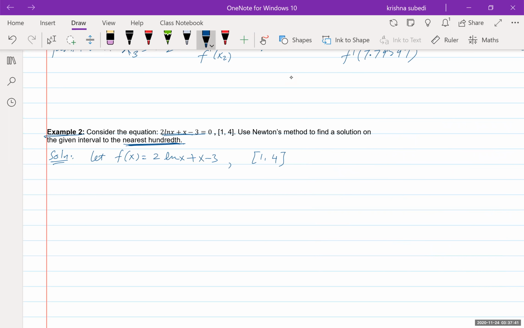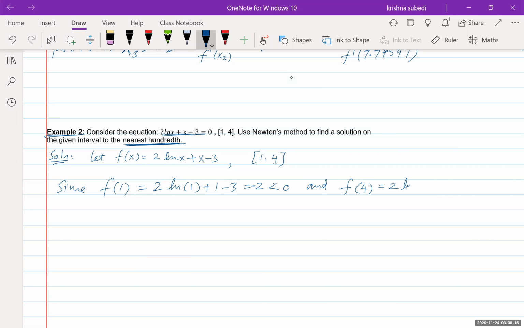Now let's look at whether there is a root or not. Since f(1), let us substitute 1 there, you get 2 ln 1 plus 1 minus 3. How much is this? ln 1 is 0, so you get 2... I mean negative 2, sorry. You get negative 2, which is negative. And let us put in 4, the endpoint of the interval, in the equation.